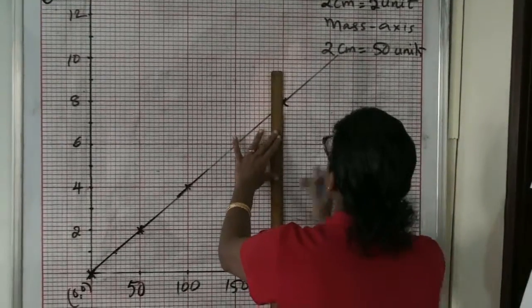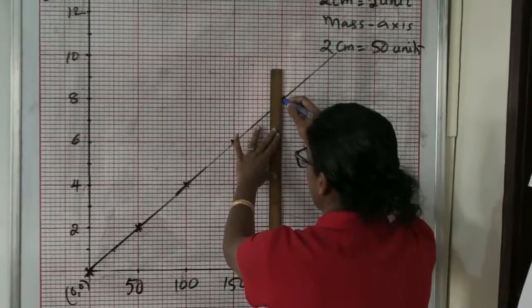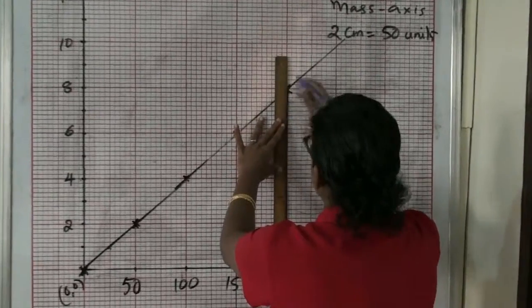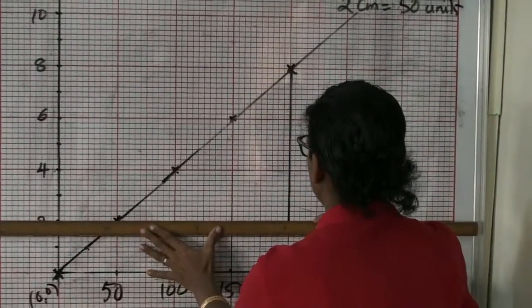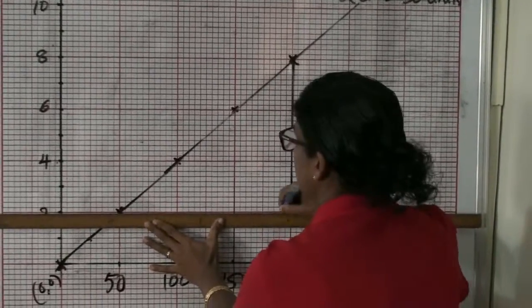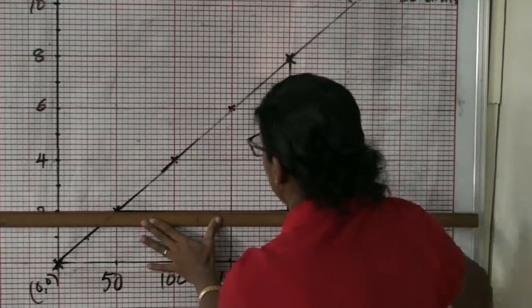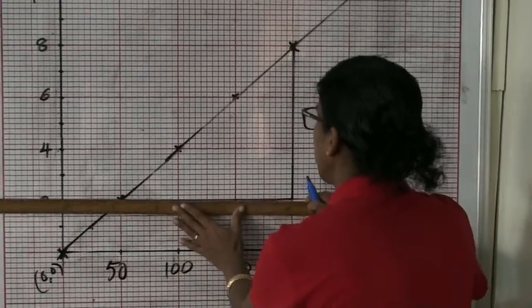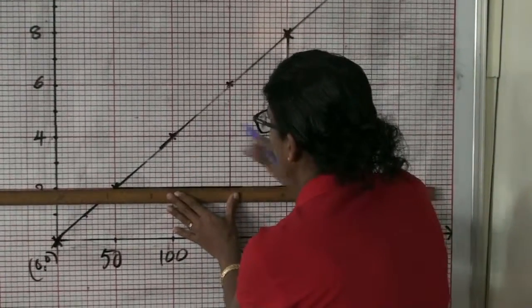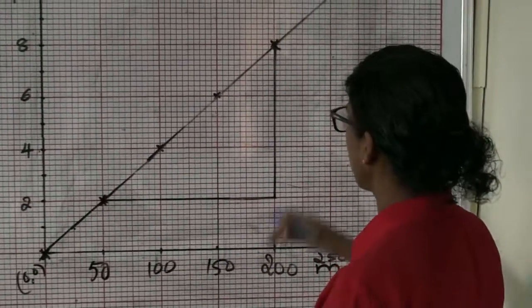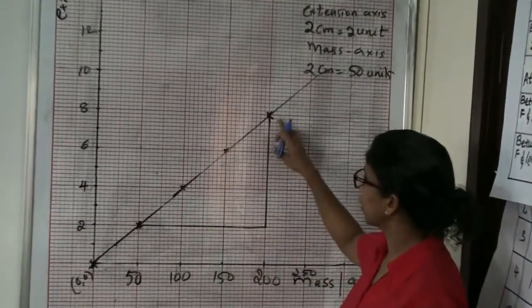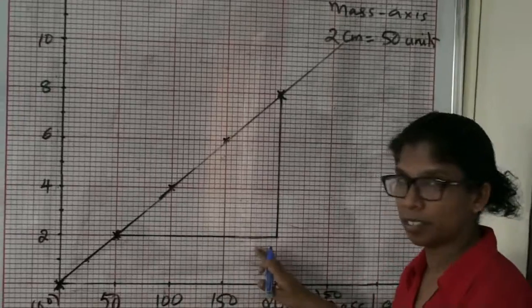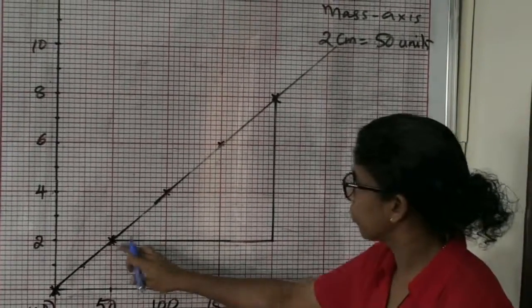Let us connect the 2 points using a straight line like this. This is how we draw the triangle.